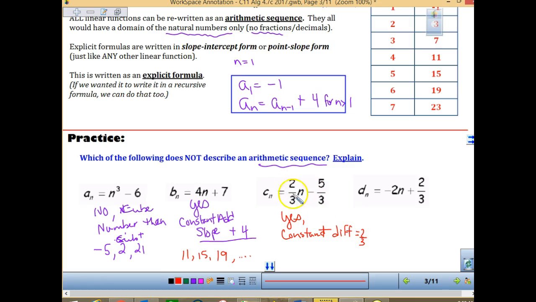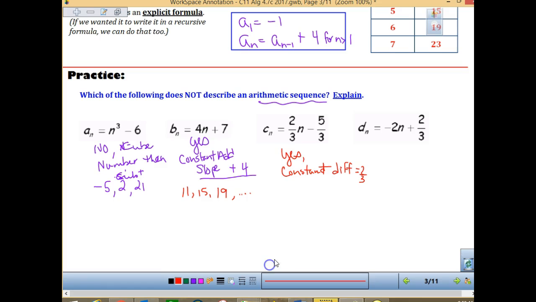So if I plugged in 1, I would have had 2/3 minus 5/3. That would give me... I plug in 2. I'm going to have 4/3 minus 5/3, that's going to give me a negative 1/3, right?